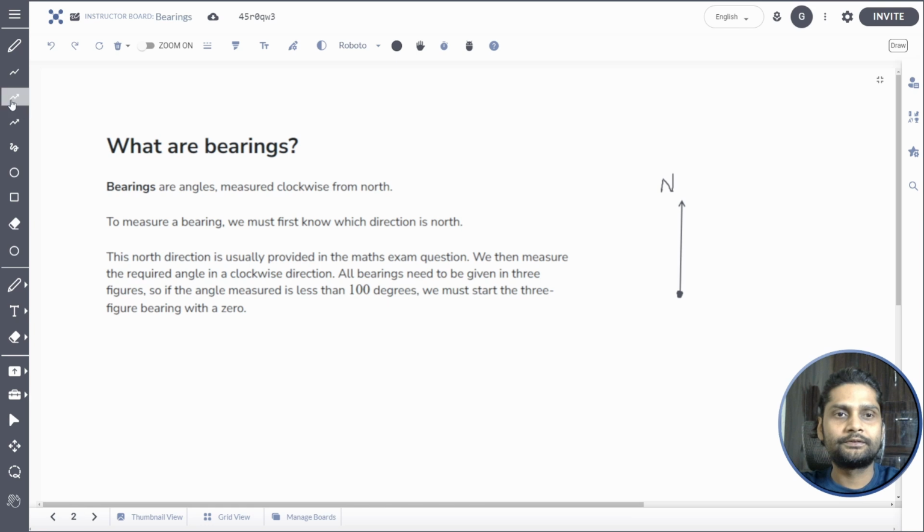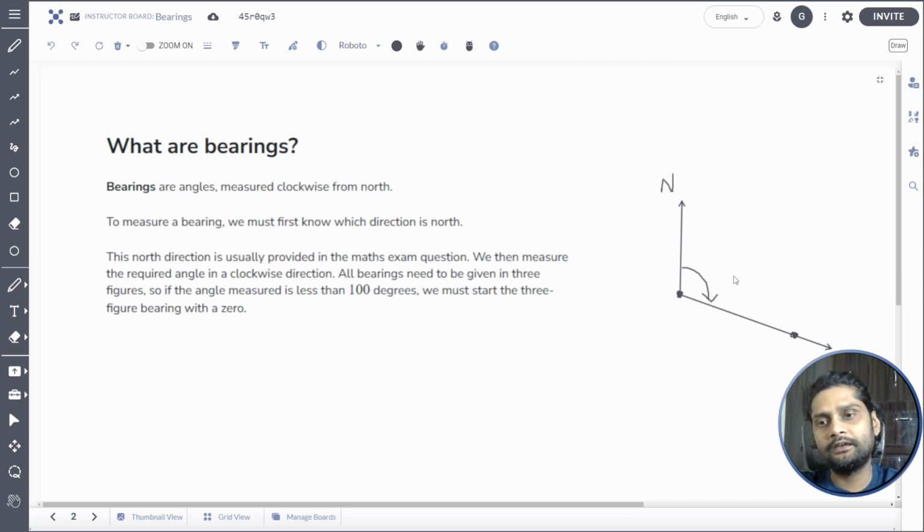Let us consider we need to get the bearings in a certain direction, or you may be given another point, and then you may have to figure out the bearings of that particular point or direction with respect to the given reference point. So we have to measure the angle from the reference line, or the north line, to that particular direction whose bearings we have to figure out.